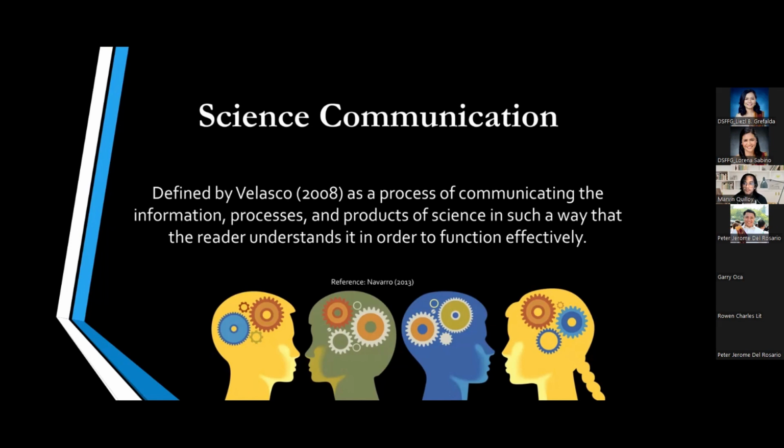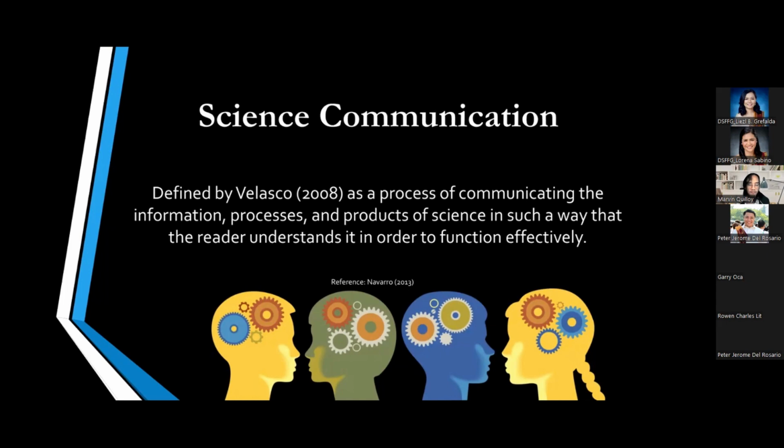Okay? So, in doing science research, we are focusing on three aspects. We have the science information, we have the science processes, and we have the products of science. Okay?